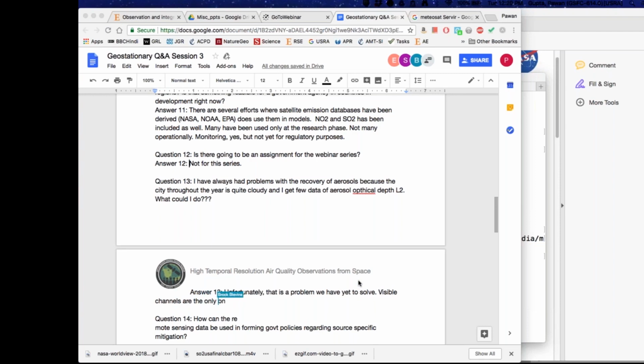You can use some lidar data like the CALIPSO satellite, which can penetrate cloud to some extent depending on the thickness of the cloud and its optical properties, and that can provide some data, but it's very limited.